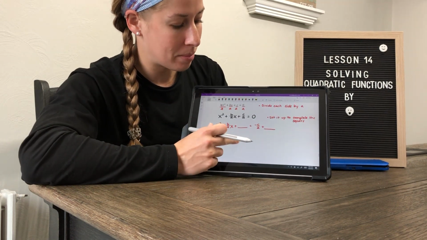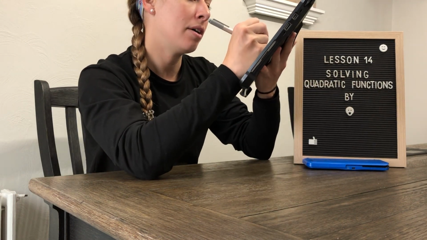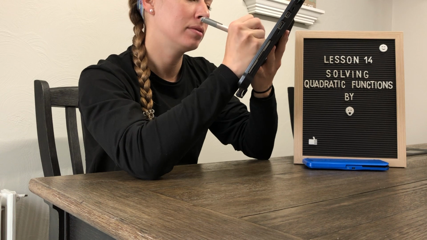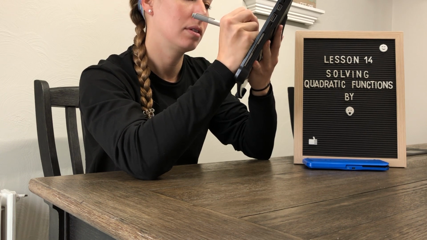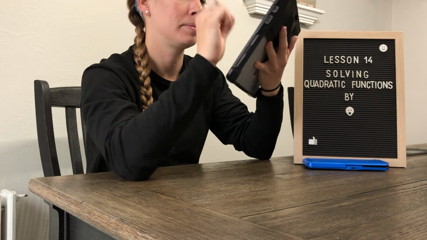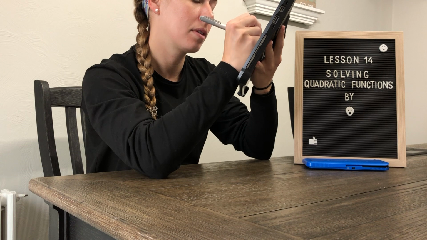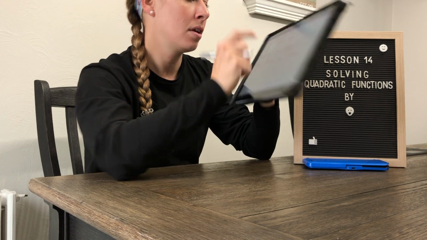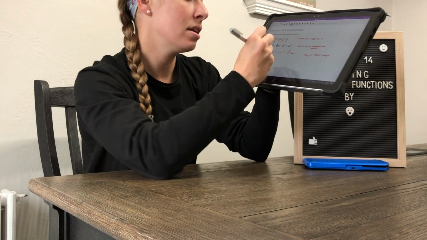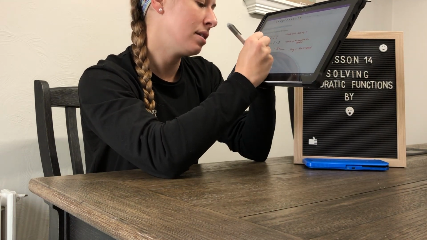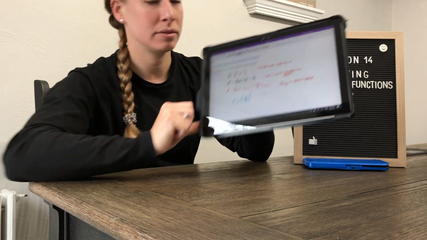The next step is going to be plug in your c value. And so, if you recall how to find c, c is half of b squared.